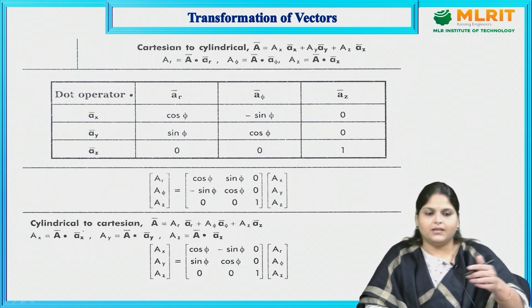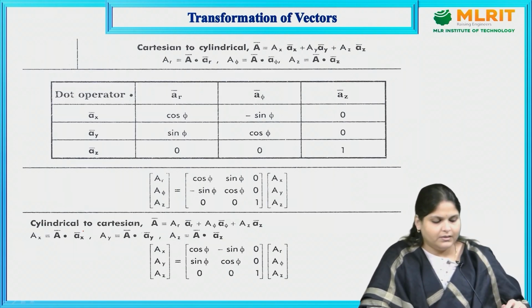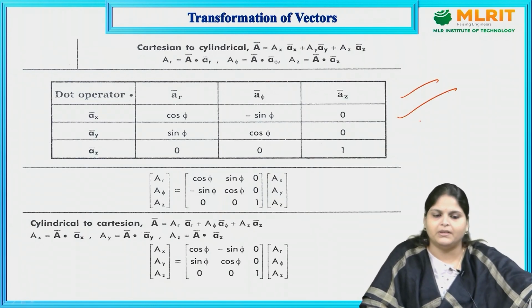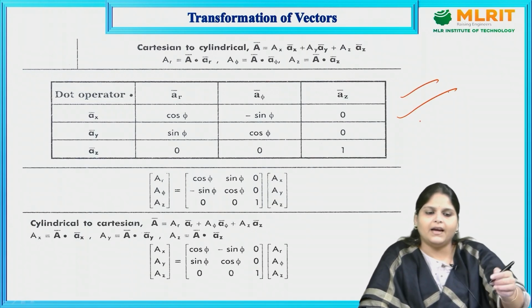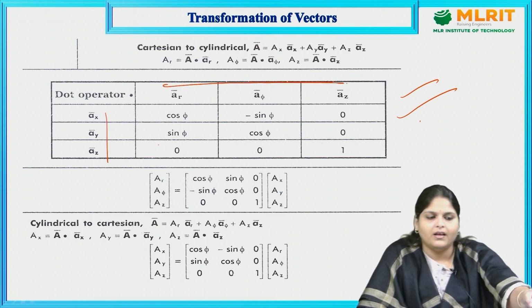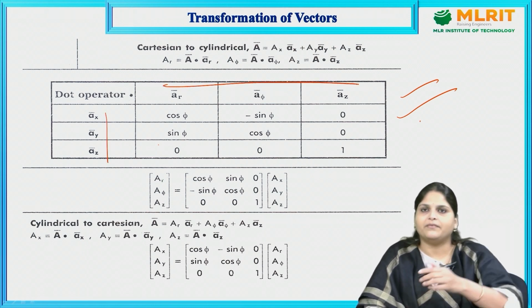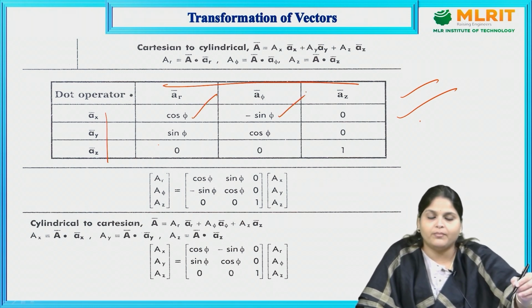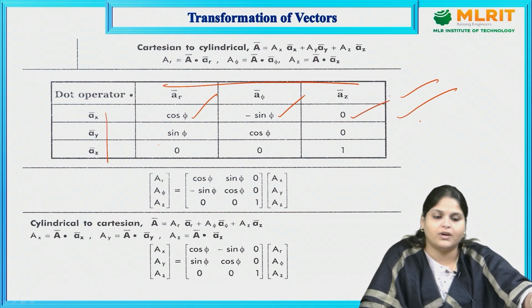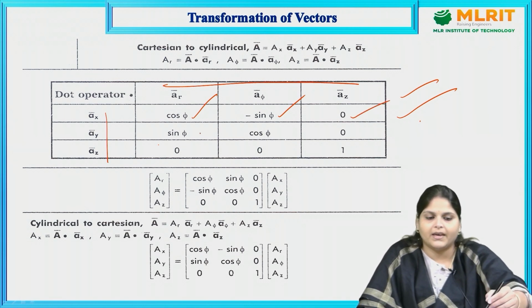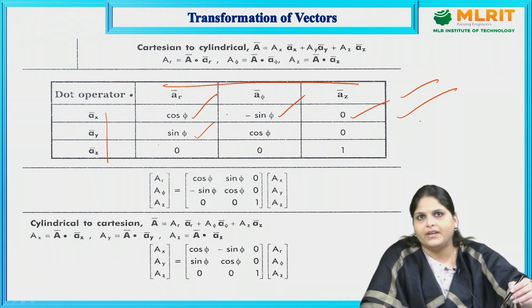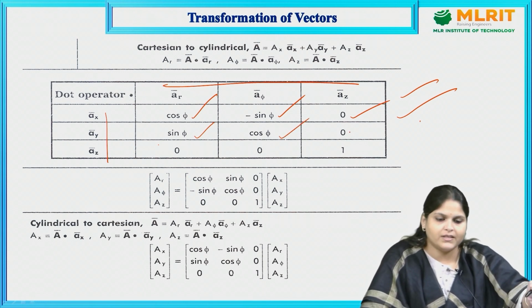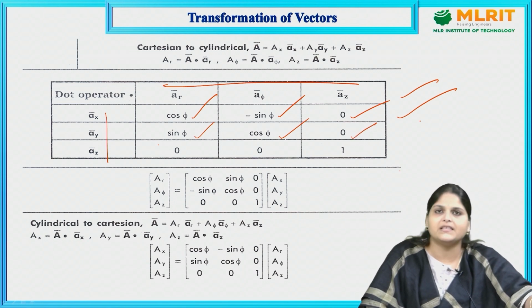Next, whatever we have discussed in the previous slides is written here in the form of a table for x, y, z and for r, phi, z. The dot product between ax and ar we got as cos phi, between ax and a phi we got minus sin phi, between ax and az we got 0, between ay and ar we got sin phi, between ay and a phi we got cos phi, and between ay and az, whenever they are perpendicular, we get 0.